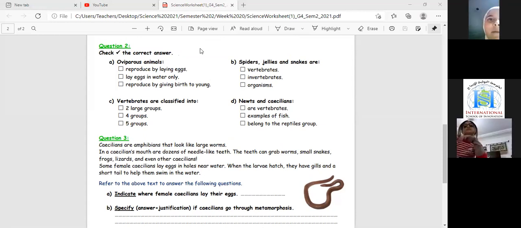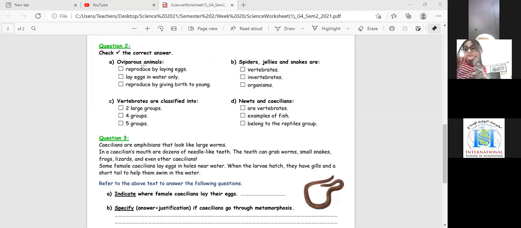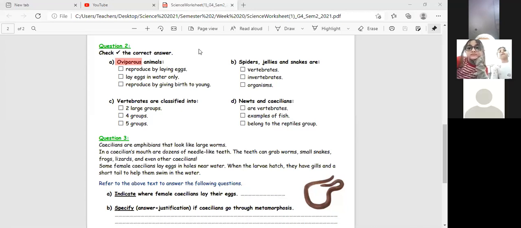We're talking about oviparous animals. Fish are oviparous. Reptiles are oviparous. Amphibians are oviparous. Laying eggs. Excellent job. By laying eggs.